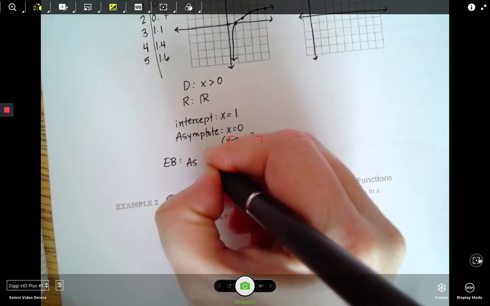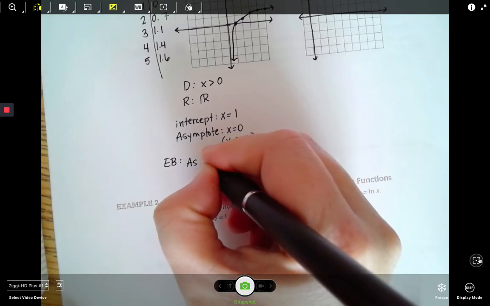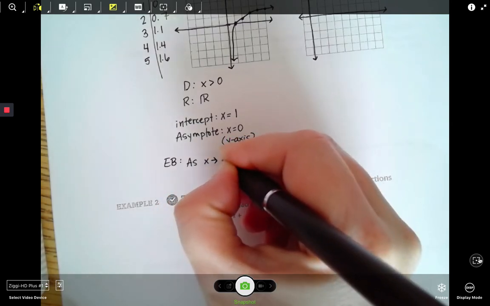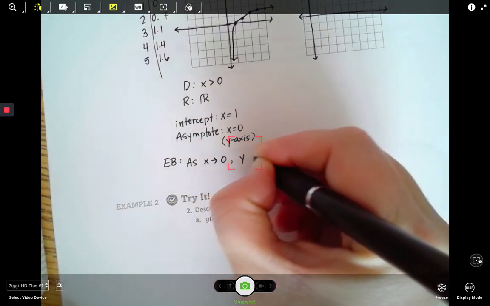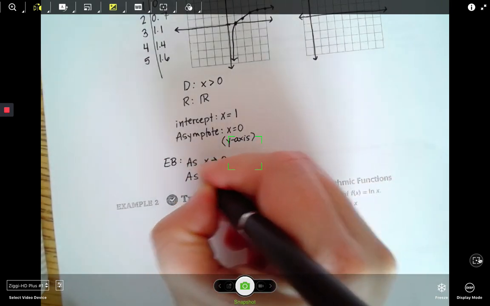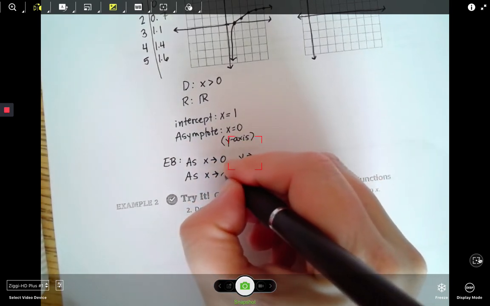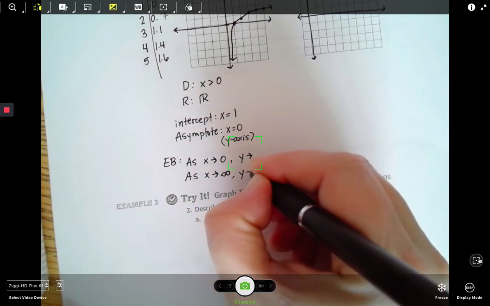So if x approaches 0, y approaches blank. As x approaches infinity, y approaches blank.